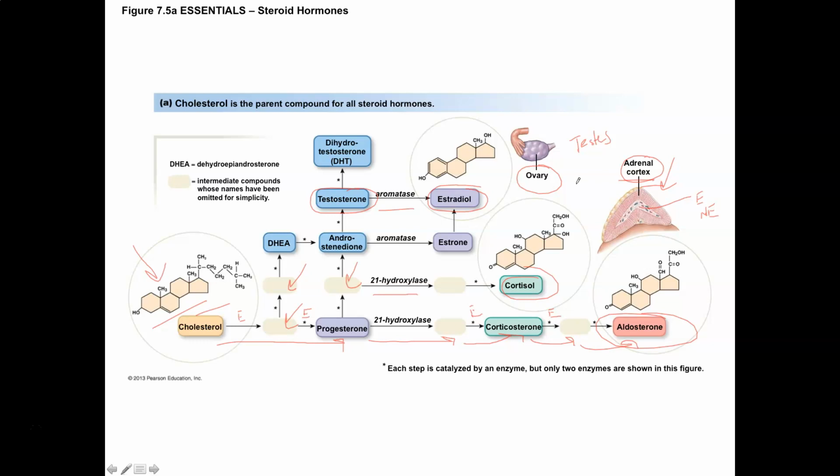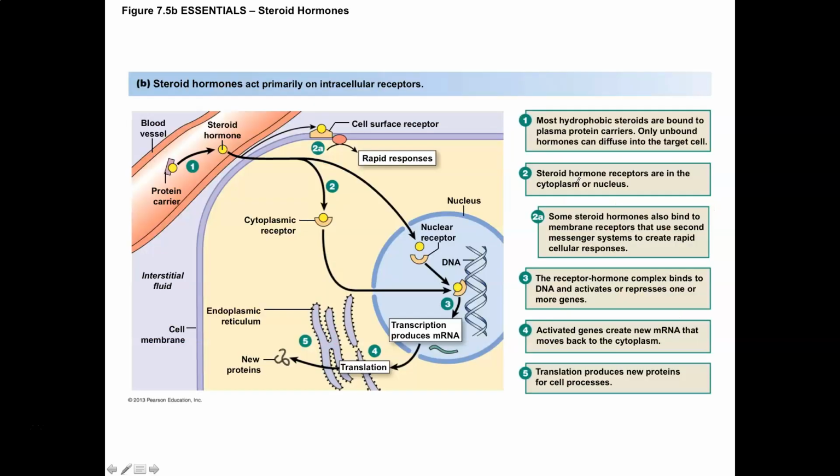When you look at synthesis of steroid hormones, you're going to notice that the cells that synthesize steroid hormones are going to have large amounts of smooth endoplasmic reticulum.